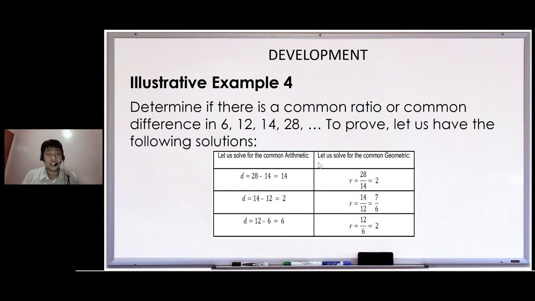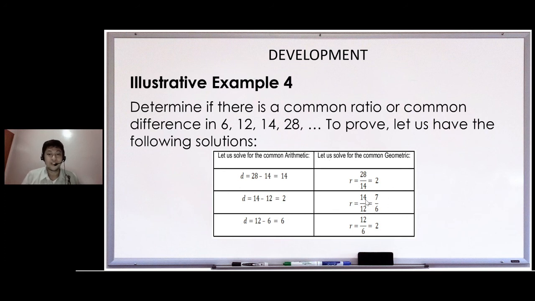Okay, let us divide the second term by the first, the third term by the second, the fourth term by our third term. So 12 divided by 6 will give us 2. 14 divided by 12 will give us 7 sixths, or its lowest term, since 14 and 12 can be divided by 2.